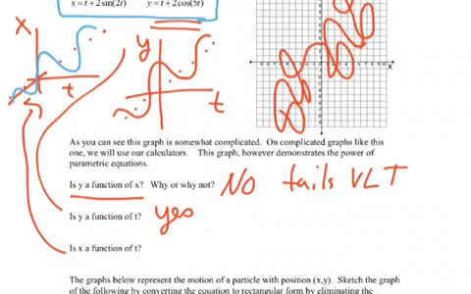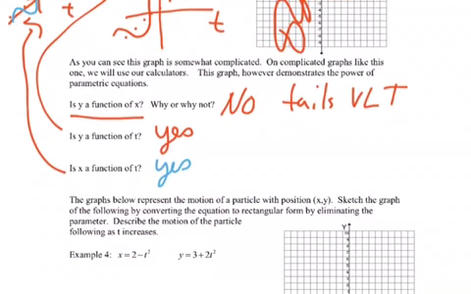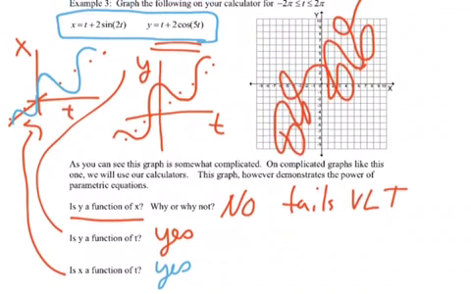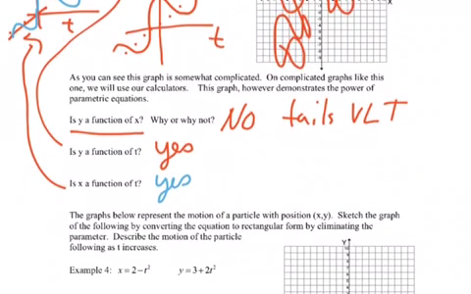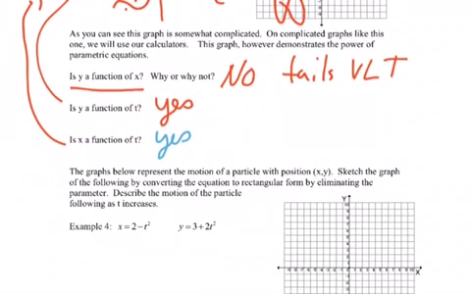But it also will pass the vertical line test. So it is a function. And the reason that's important is because a lot of the stuff that we do in math is dependent on things being functions. So we can take this awful graph that we had here and apply a lot of math to it if we write it as a parametric equation, because then a lot of our function stuff comes in for free.